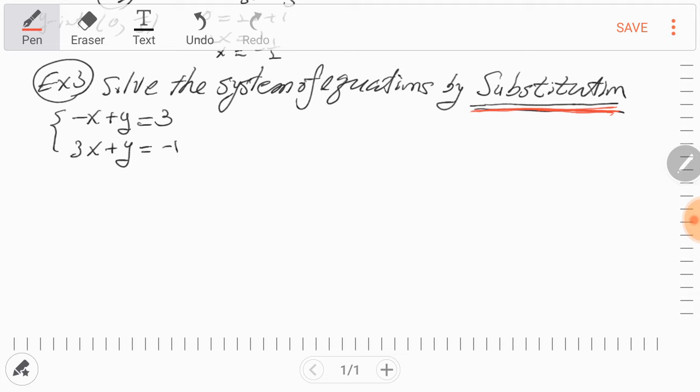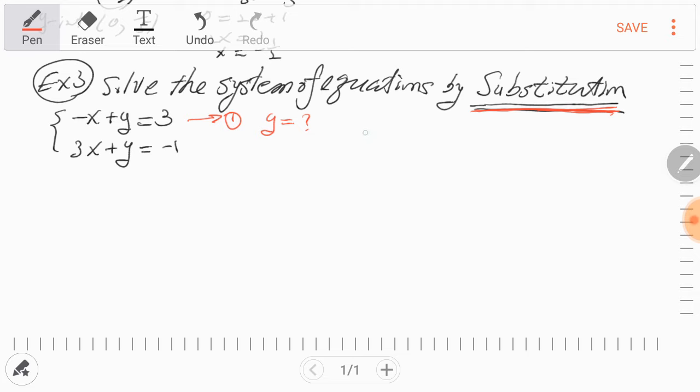Okay, in this case, there are 2 equations, and we have to rewrite one of the equations in terms of x or in terms of y. So from equation 1, we can rewrite this equation so that y equals something.